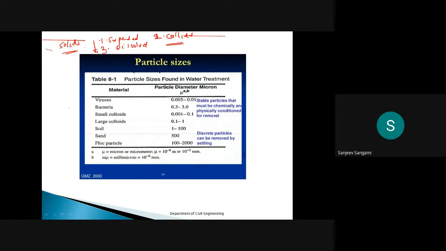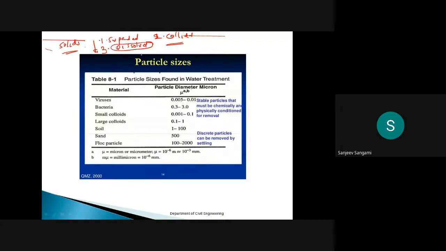So always we have to look at what size of particles are present in water treatment. Most of the time, I already said that we have to target the dissolved particles, because at present we are facing the problem with dissolved particles.